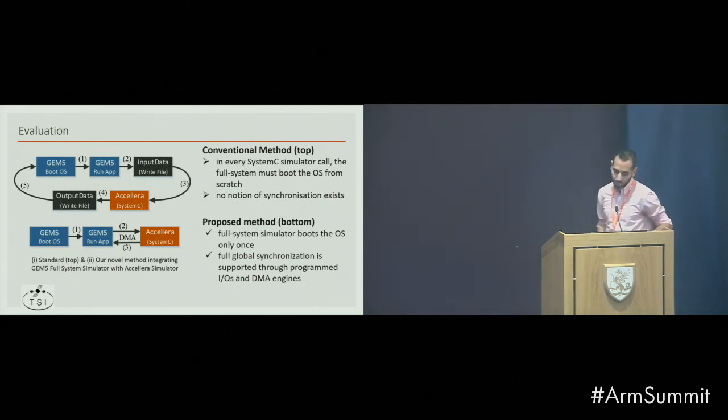Step 3. Subsequently, the SystemC simulator returns its results to the Gem5 application using output files, steps 4 and 5, while no notion of synchronization exists in such a file-based exchange, as you can see in the top figure.